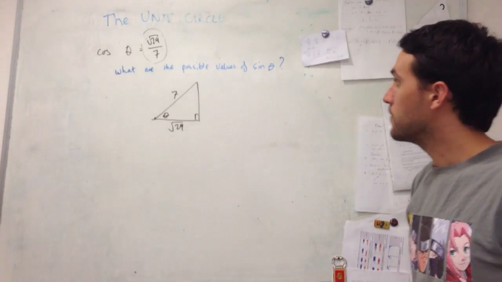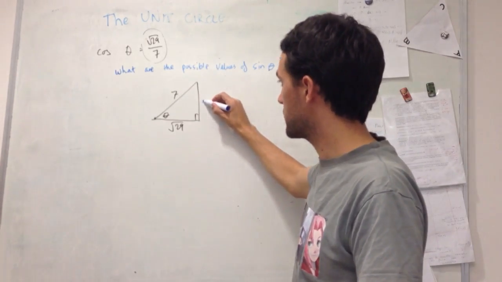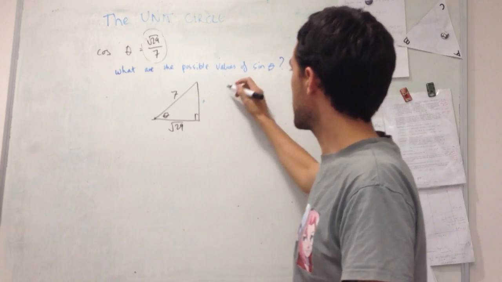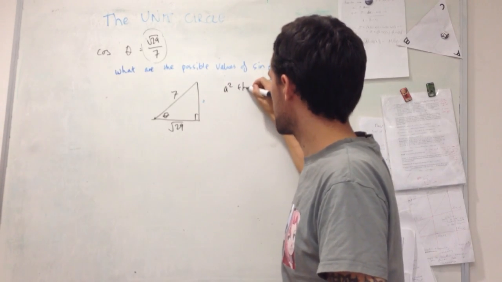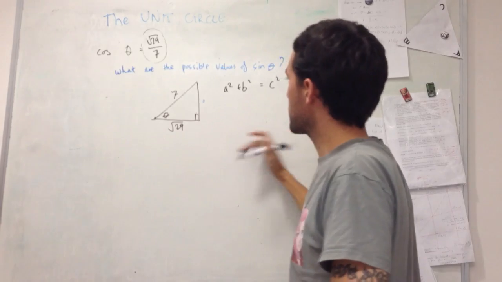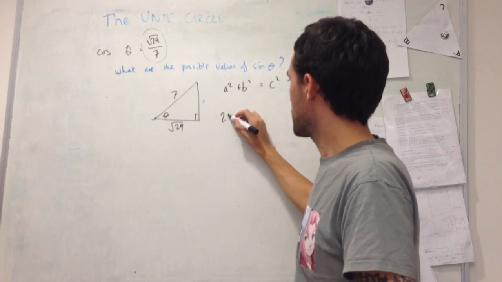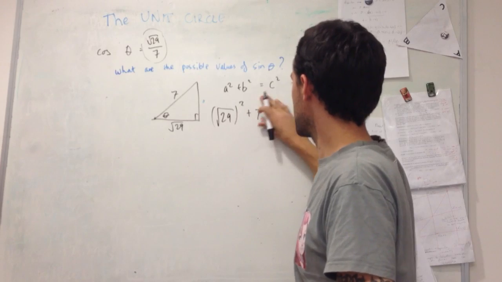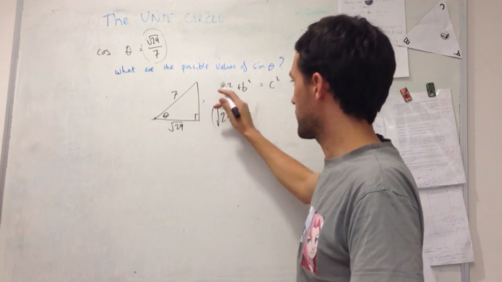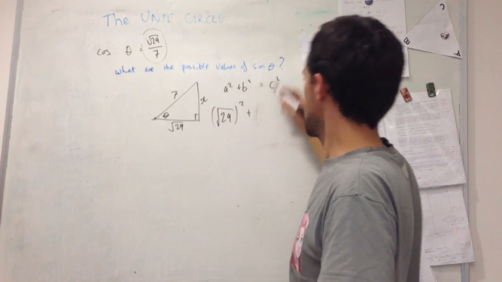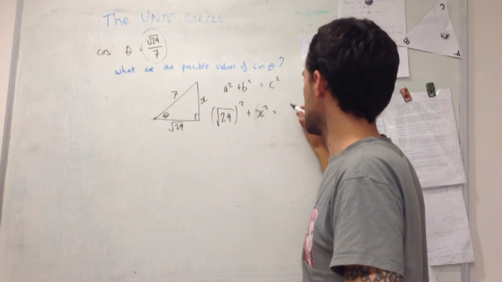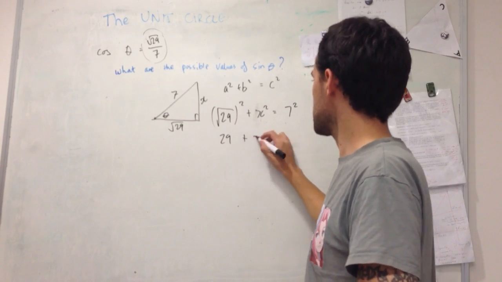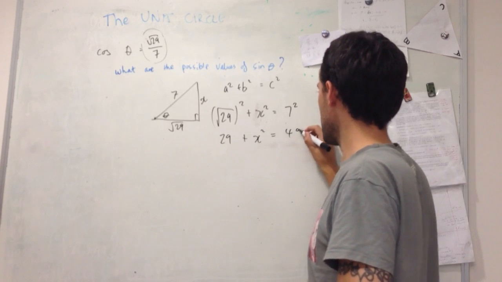To work out sine of theta, I can just use Pythagoras' theorem: a squared plus b squared equals c squared. In this case, that gives me root 29 squared plus, let's call it x, x squared equals 7 squared, or 29 plus x squared equals 49.